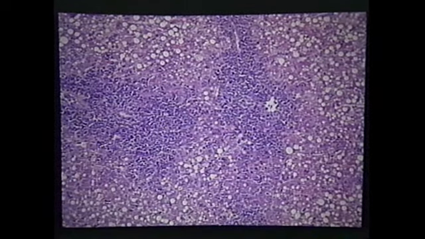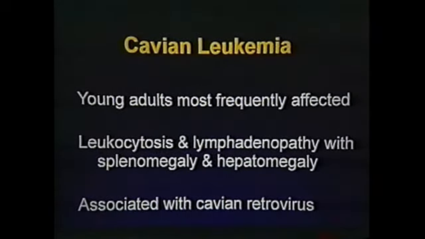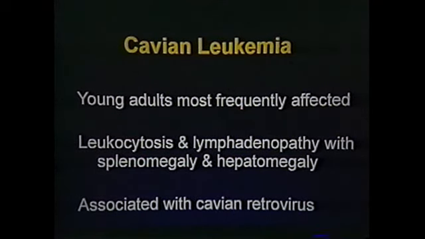An example of lymphoma in a guinea pig. This young adult has very enlarged lymph nodes in the abdominal cavity, and histologically there's a striking infiltrate of malignant lymphocytes in the liver, so-called cavian leukemia. Young adults are most frequently affected, although it's not confined to young adult animals.